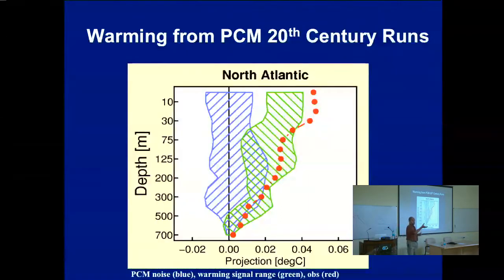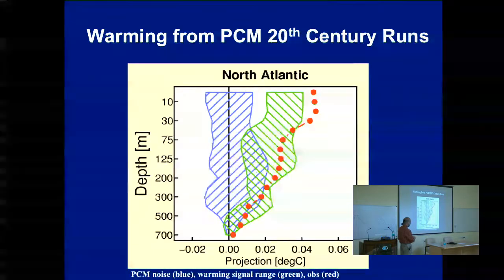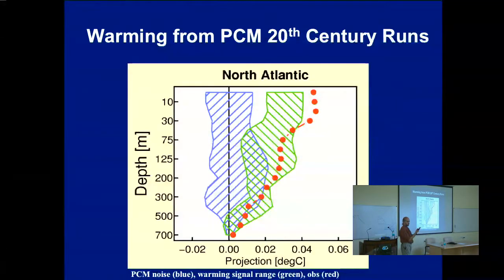I get this sort of area which is hatched green. So this is in the North Atlantic, right? And my model actually predicts a clear separation in the upper layers. You see this green hatched area overlaps the blue to a large extent, which means I can't really separate natural from anthropogenic change there.